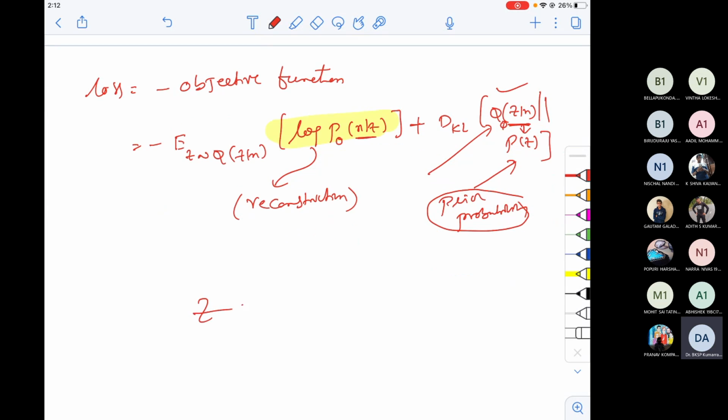Once I have z, I'll use the distribution P of x given z to get x dash. Even though I say reconstruction, I don't mean that you will get the same image back, but some other reconstructed image, which is realistic and different from the input image. That's the reason it's called the reconstruction likelihood, or reconstruction log likelihood.